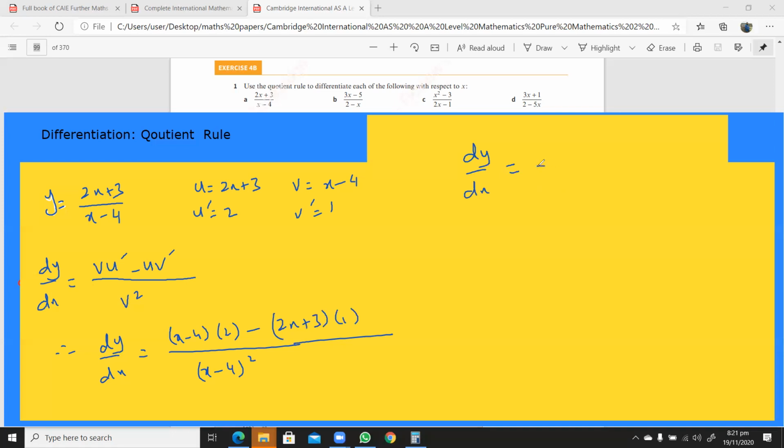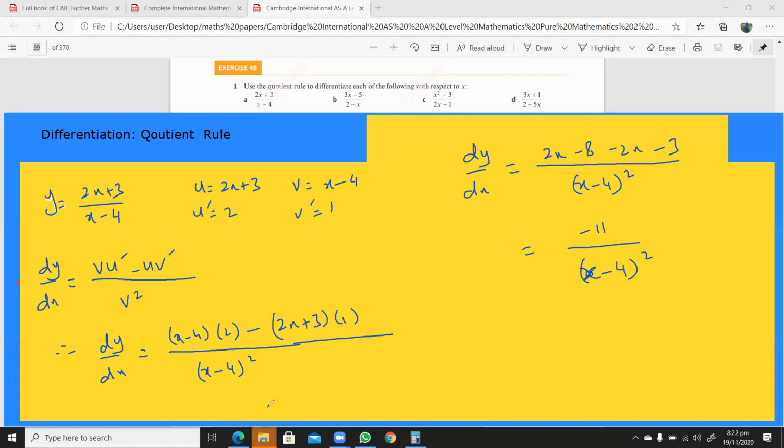There is no need to expand the denominator, so this remains as (x minus 4) whole square. I can expand the numerator: 2x minus 8, then minus 2x and minus 3. So we are left with minus 11 over (x minus 4) whole square.